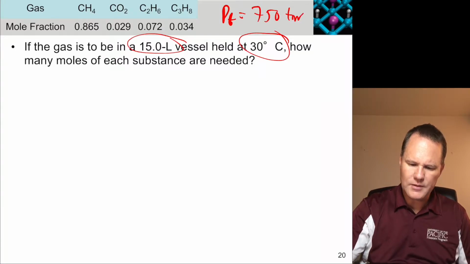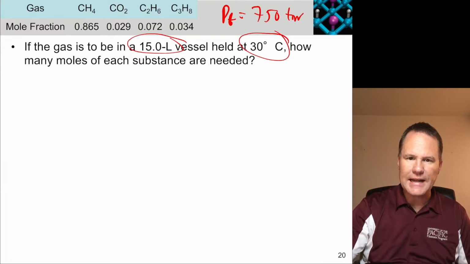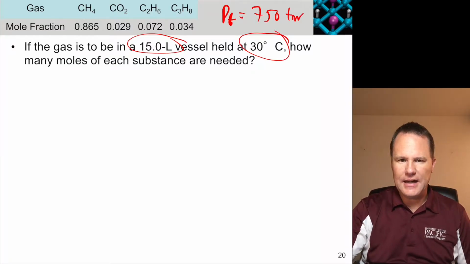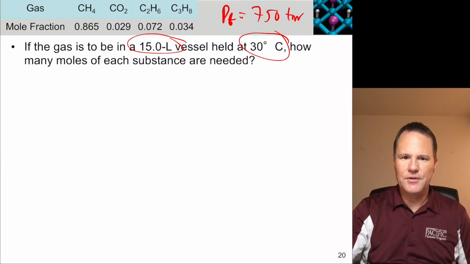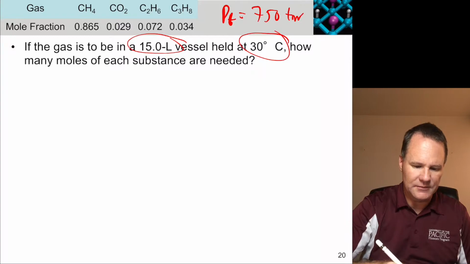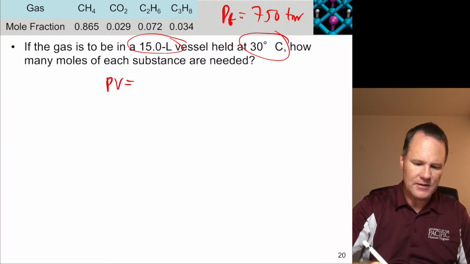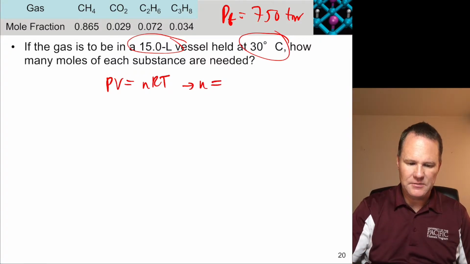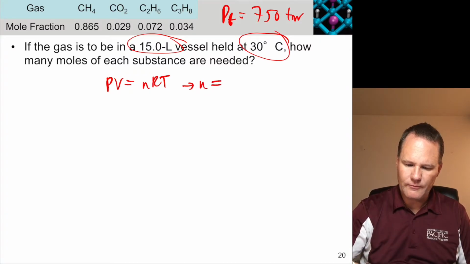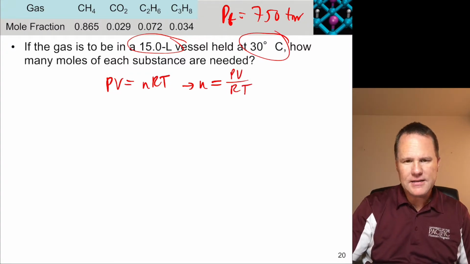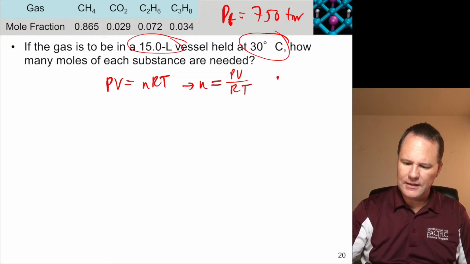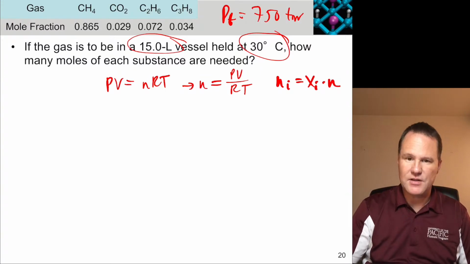750 torrs. And so first I can calculate using the ideal gas law just the number of total moles, with PV equals nRT, and from that n equals PV over RT. And then from the n, the individual number of moles will be the mole fraction times this number of moles.